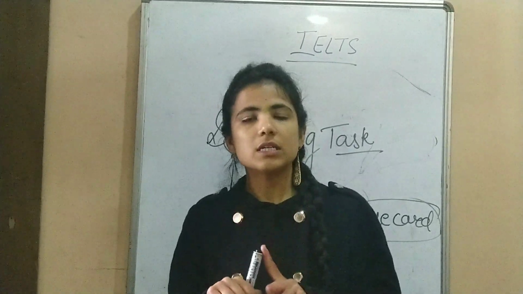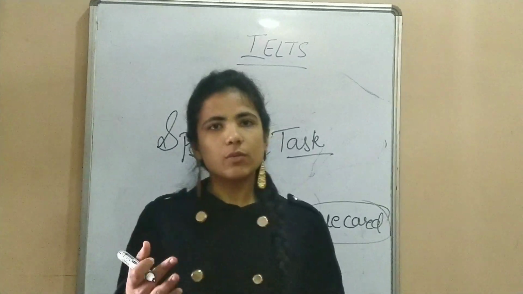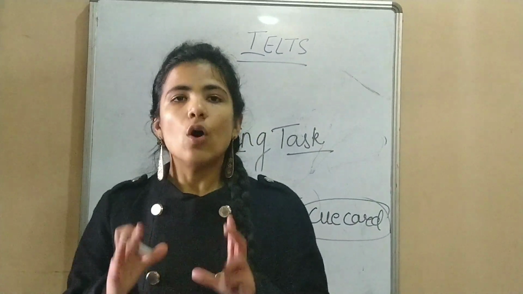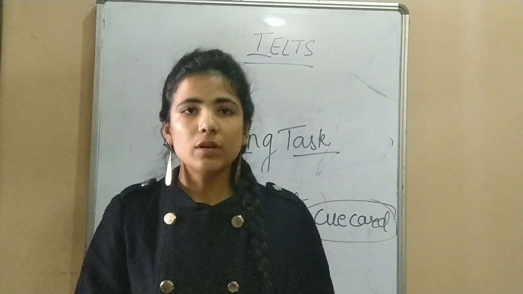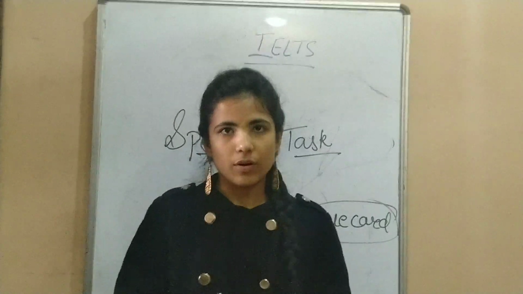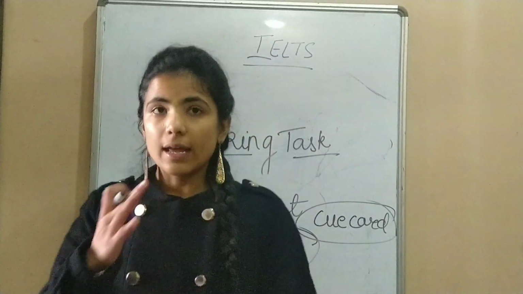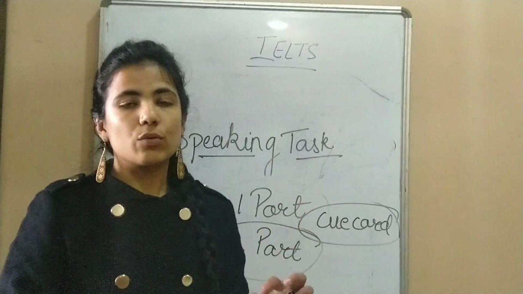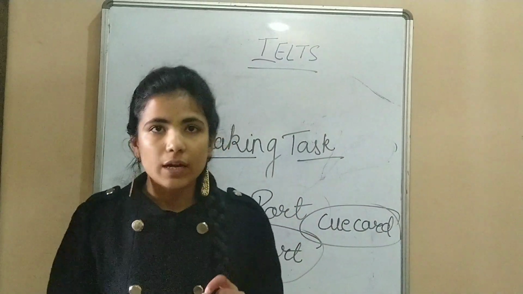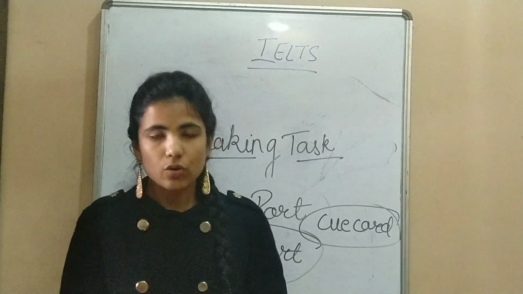You will be given 1 minute to prepare notes on what you need to explain about the topic, or you can just tell the examiner what you think about the topic. Now, on the cue card you have outlines given, through which you can actually explain the topic.